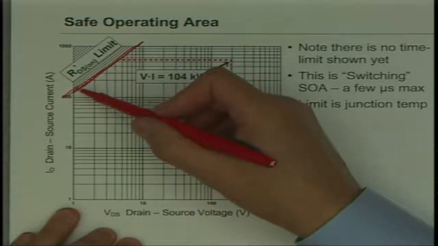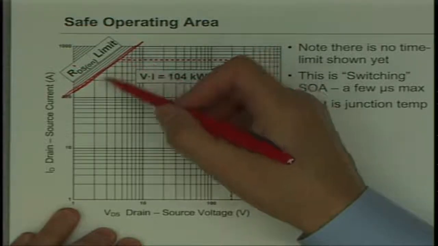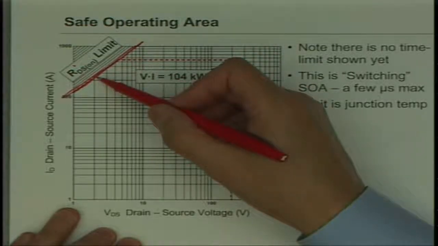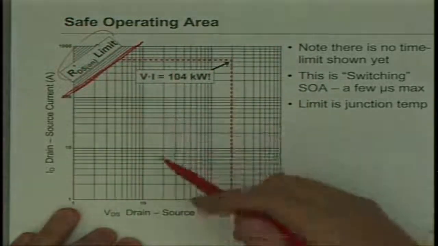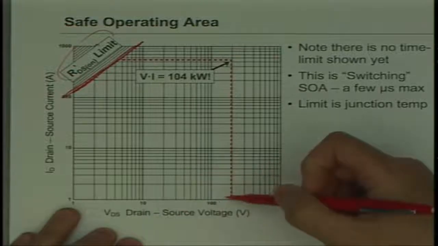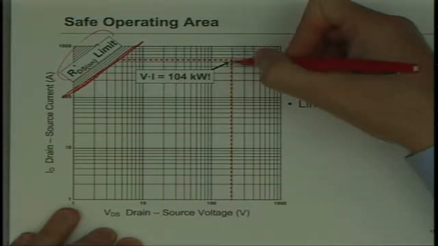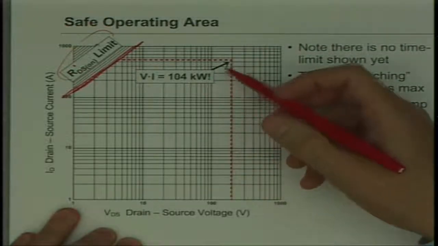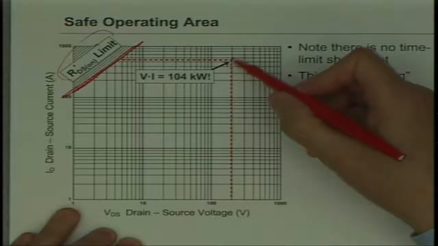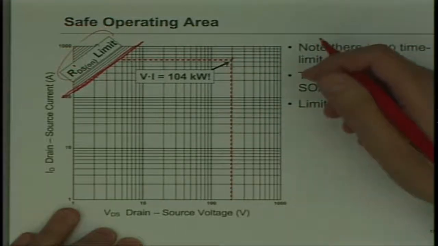If you look at every point along this line, the volts divided by current is equal to RDS(on), right? So you can't get up here. You can only be in this region. Note that if I multiply out my 500 and whatever amps times 200 volts, you get a lot of power. 100 kilowatts of power at this moment. And this is on the edge, but it's still within the SOA.